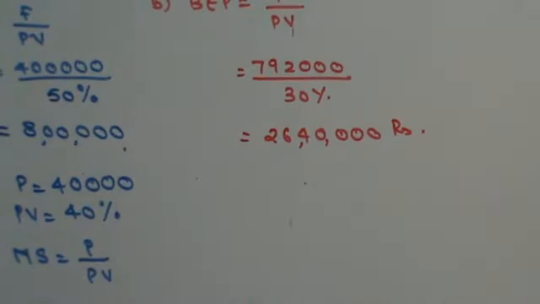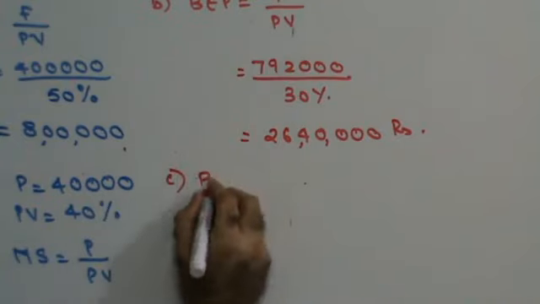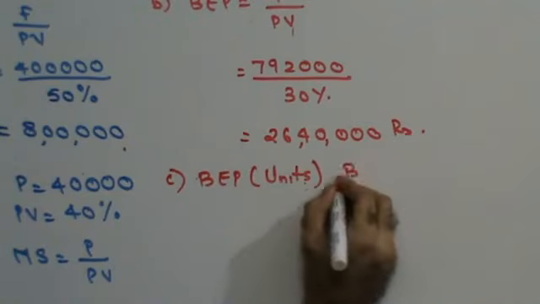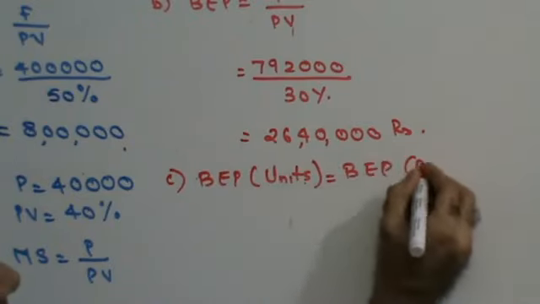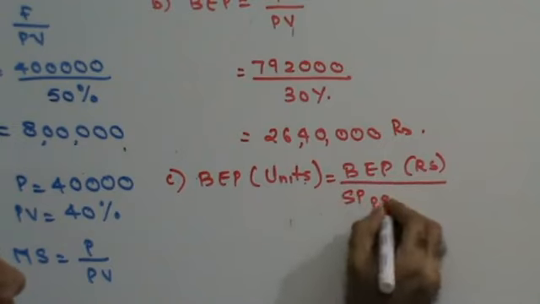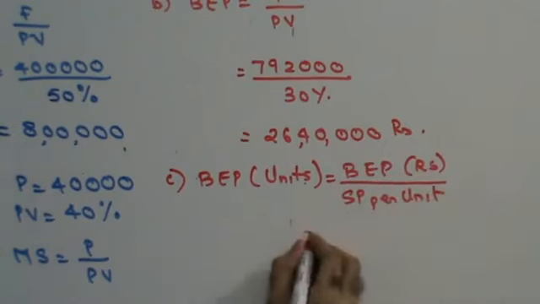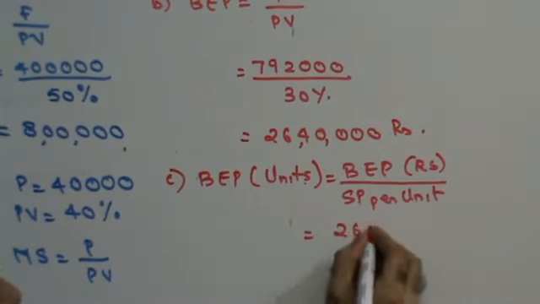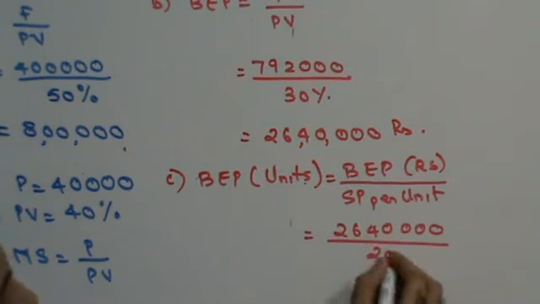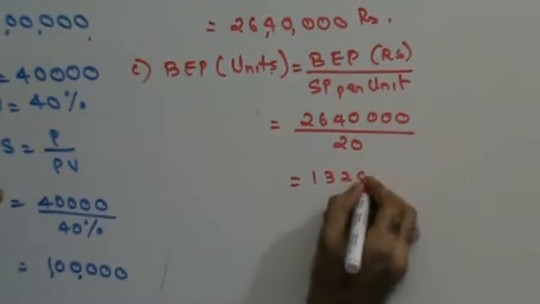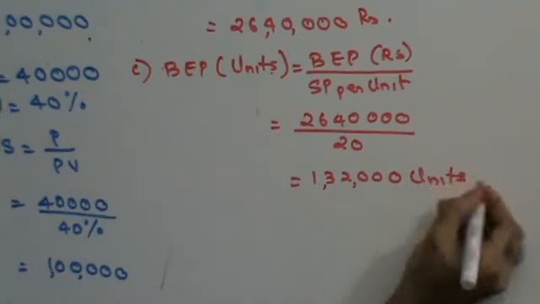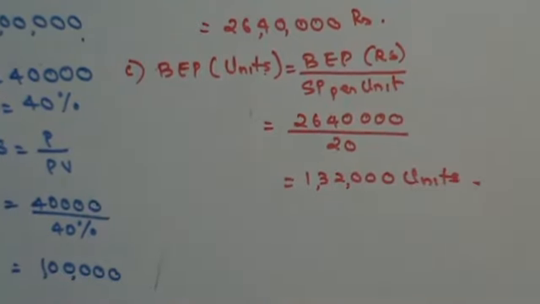How do I find out BEP in terms of units? BEP in terms of units is BEP in terms of rupees divided by selling price per unit. So this is 26,40,000 divided by 20. 1,32,000 units is your BEP in terms of units.